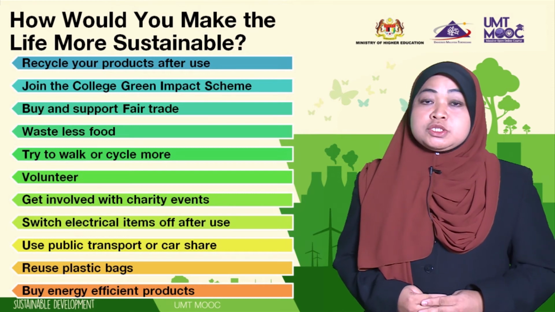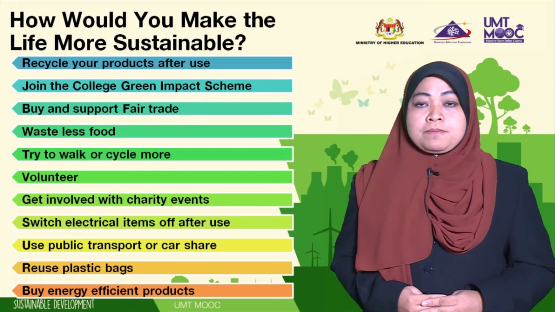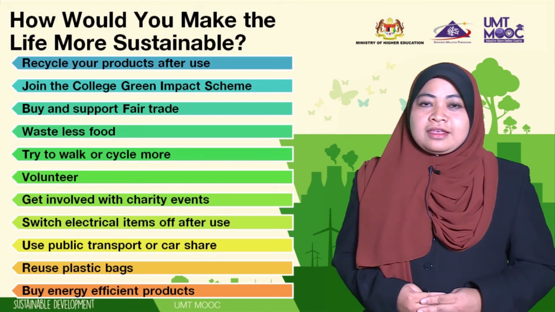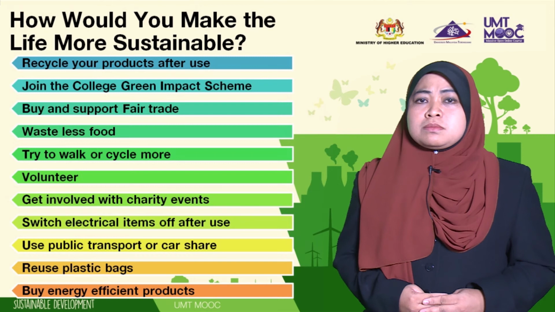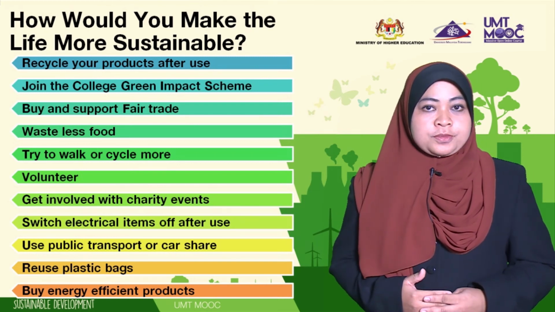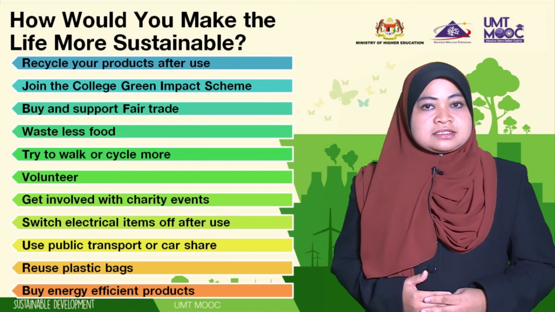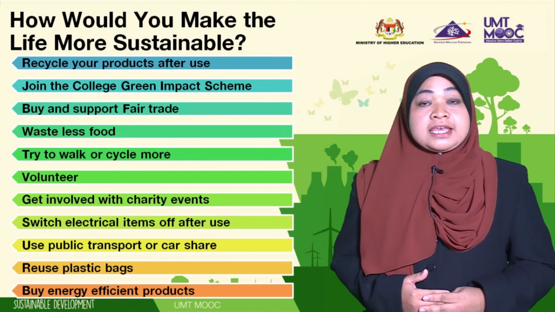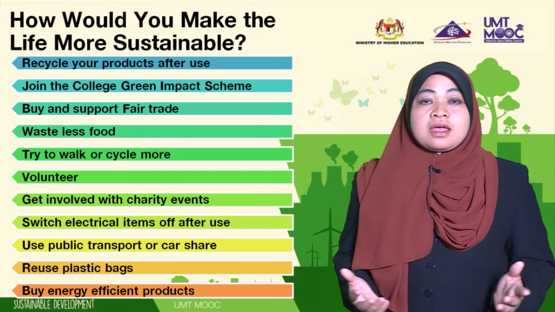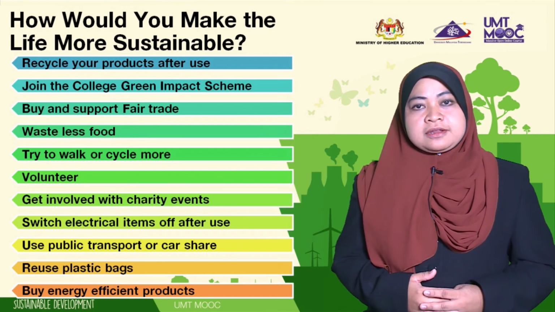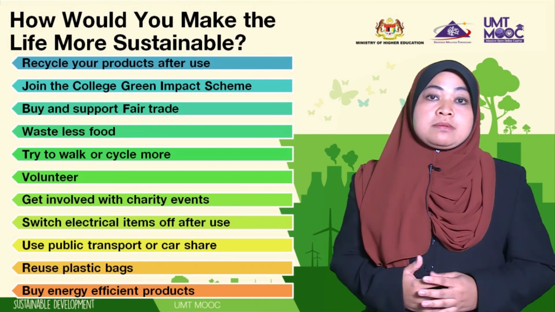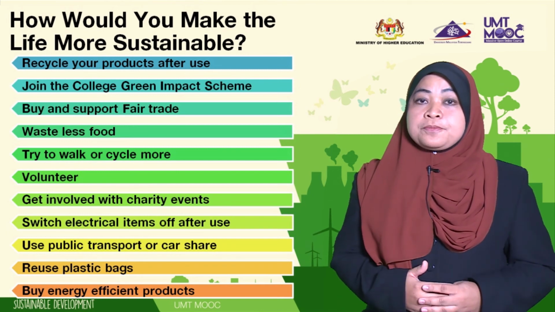Wondering what you can do to be more sustainable at home, work, and everywhere? Here is our easy list of some small things you can do each day to be more sustainable. Recycle your products after use. Second, join the college Green Impact Scheme in university. Let's buy and support fair trade. And we should avoid waste of food, or at least try to minimize the unavoidable waste.